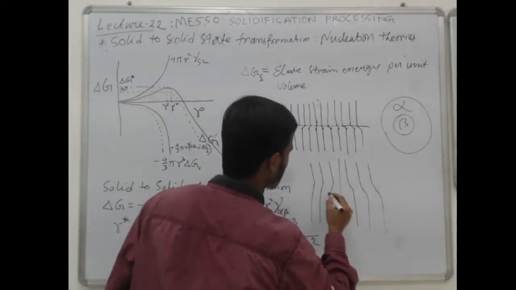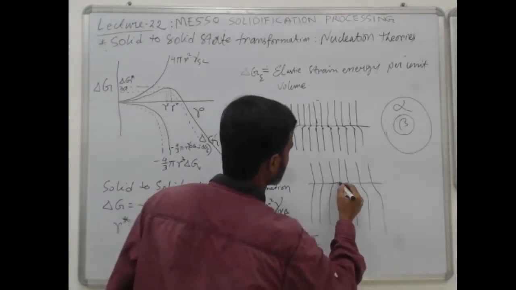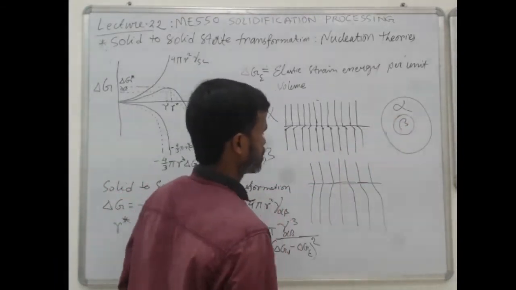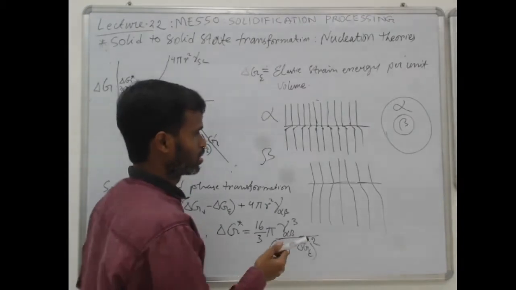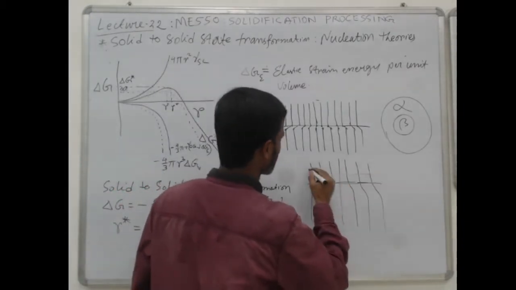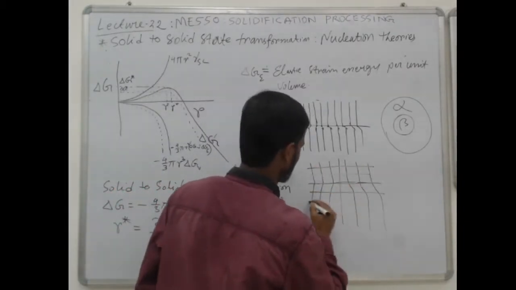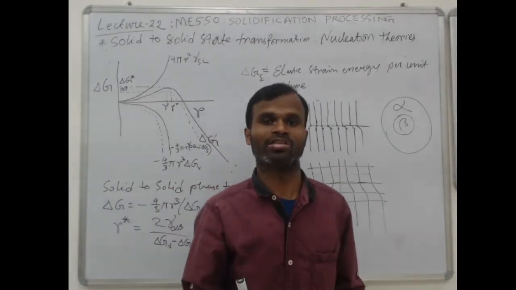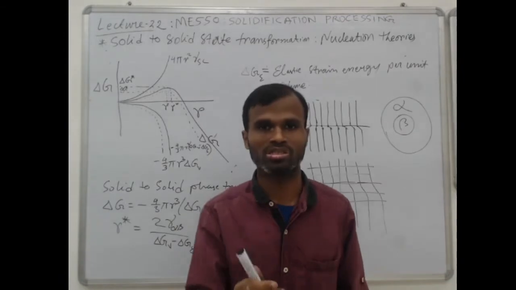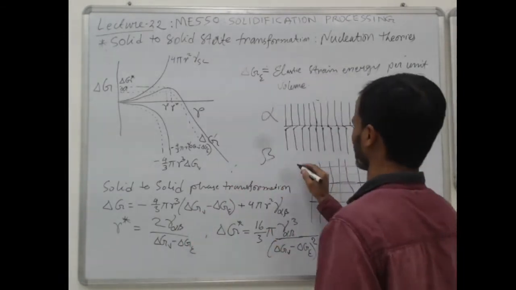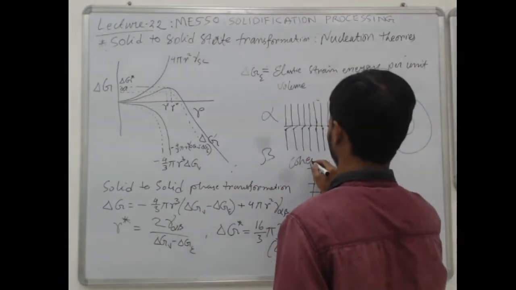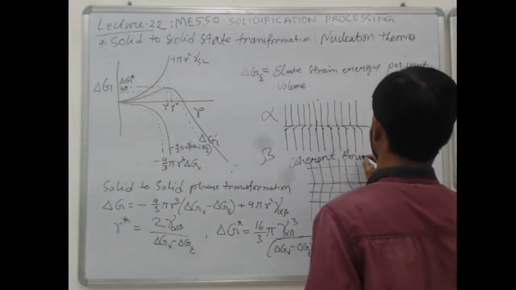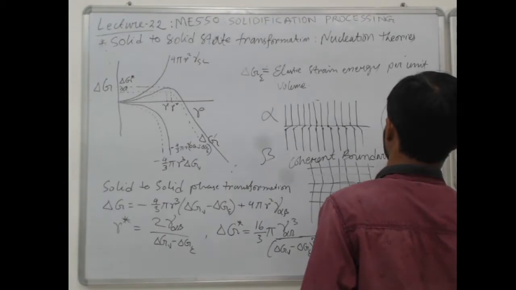So this kind of boundary is the green boundary between the alpha and beta phase, these two different grids. When the continuity of the lattice structure is maintained along the boundary, this kind of boundary is called a coherent boundary.